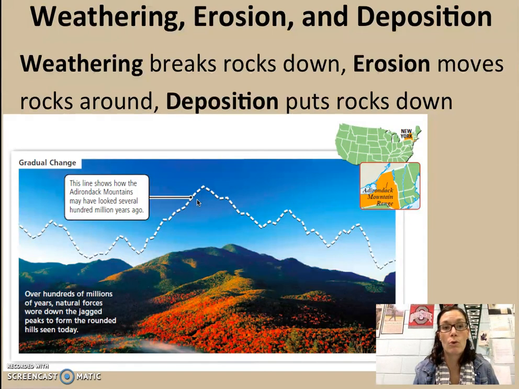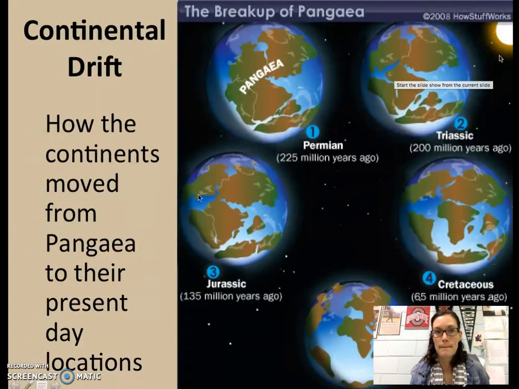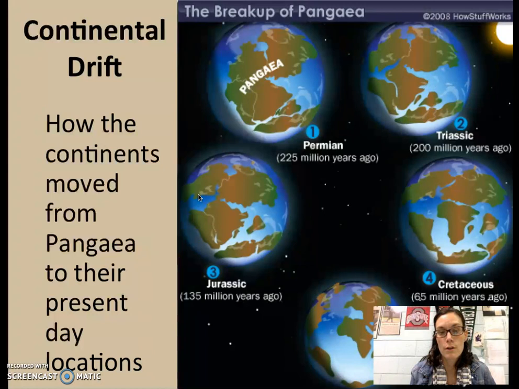So we're talking about Earth changing. With continental drift, we're talking about the continents moving together to form Pangea, and then also moving away from each other to their present day location.